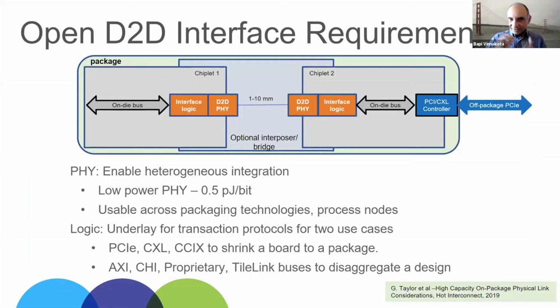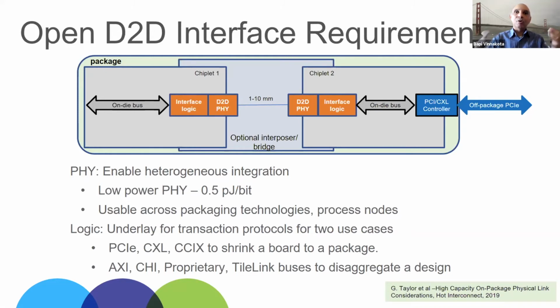Coming back to Ira's question of what a PHY is: this is a simplified view of multiple chiplets in a package, and there are two problems you have to solve. Problem number one is how they physically get wired to one another, and that's typically done using a die-to-die PHY.